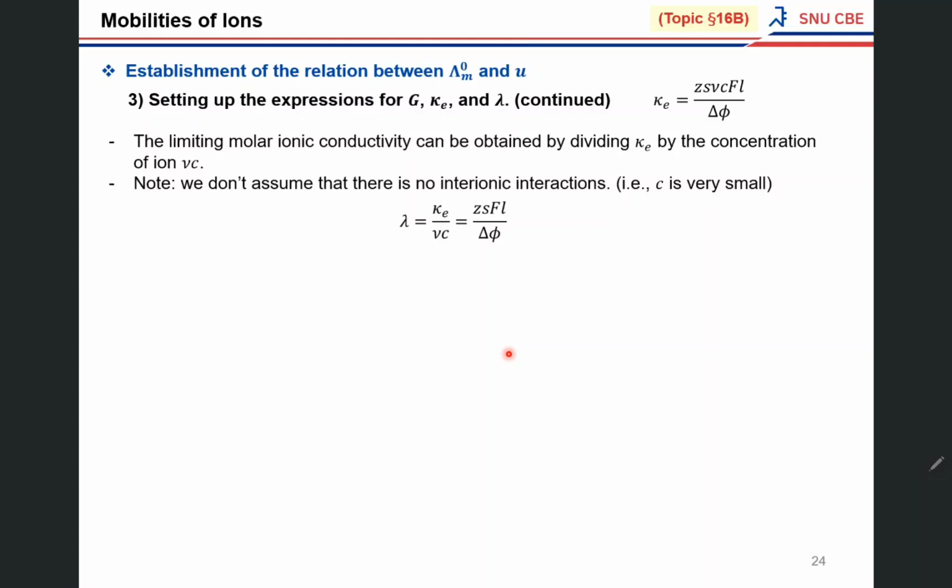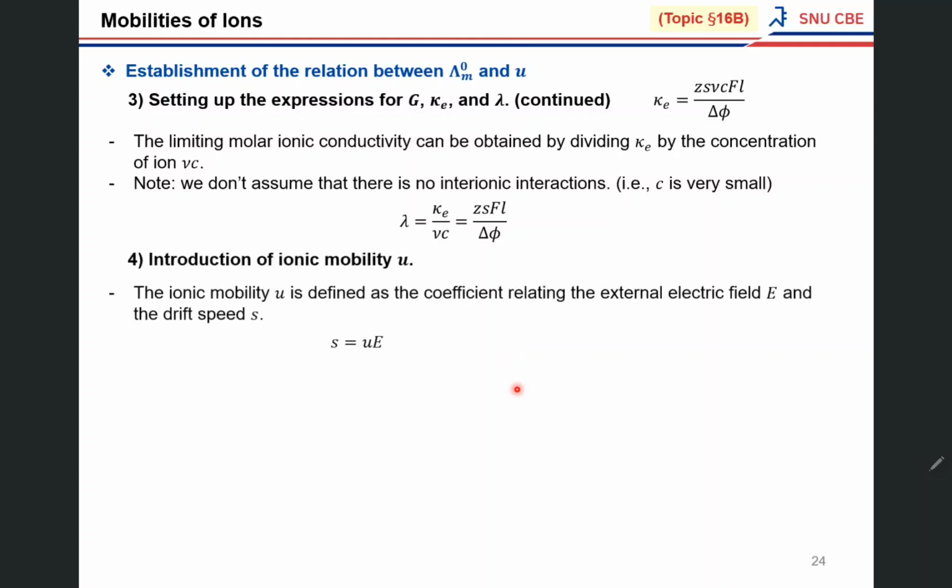difference system. Here we introduce the ionic mobility that we have discussed previously. There is a relation between the drift speed and the size of the electric field, and the proportionality coefficient is called the ionic mobility, small u. So it can alternatively be written as the ratio of s over large E, and large E is the ratio of delta phi over L here.